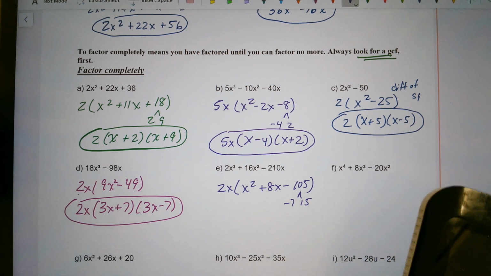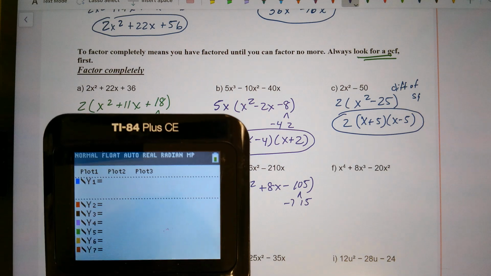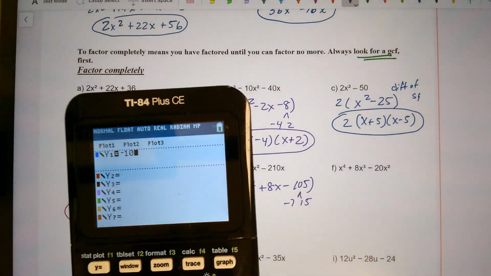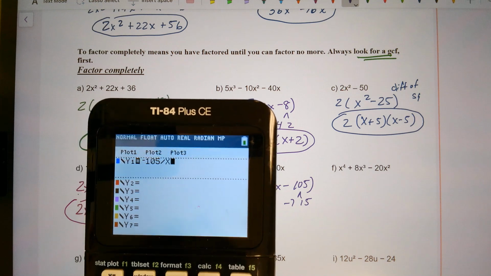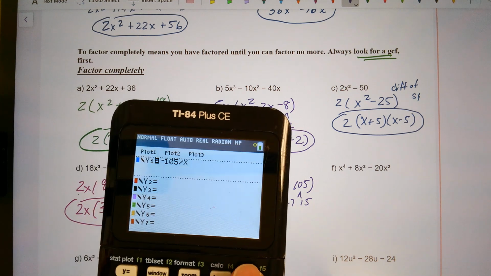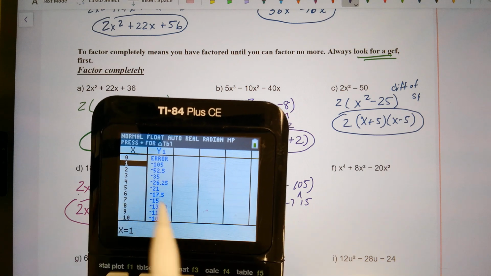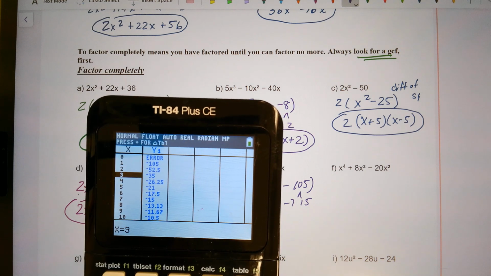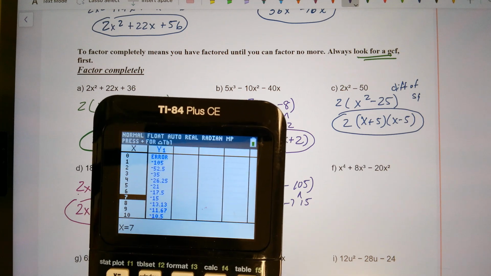And if ever you run into a situation where you're not sure of the factors, go to the calculator, and we can simply take negative 105 divided by x and look at the table of values. Right, so these are factors of negative 105. 1 times negative 105, 3 times negative 35, 5 times negative 21, and 7 times negative 15.